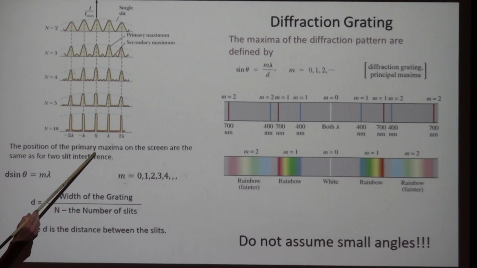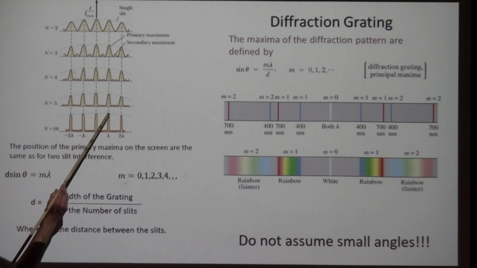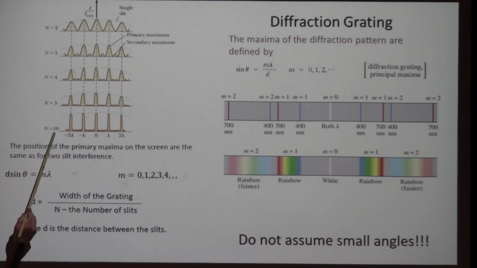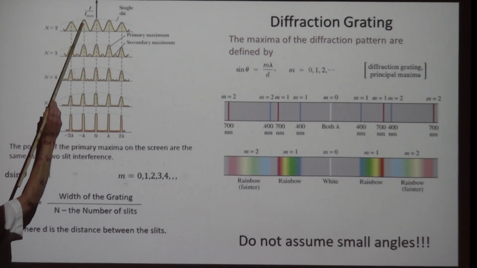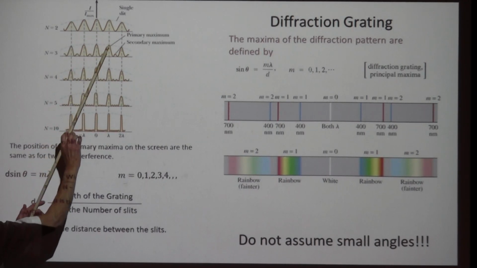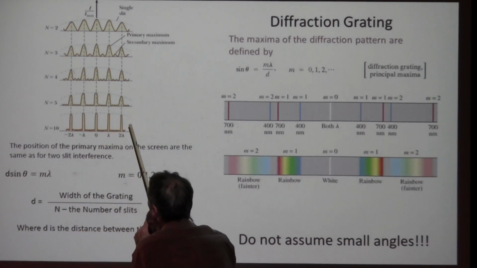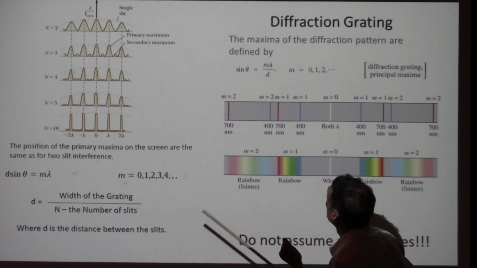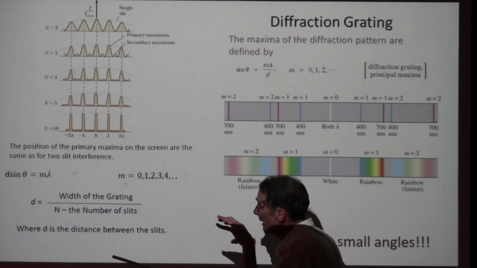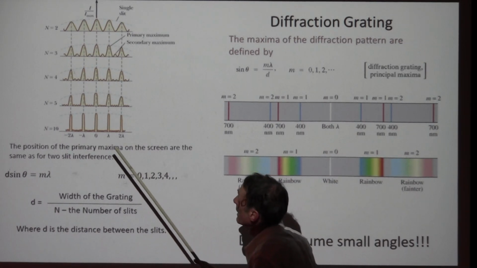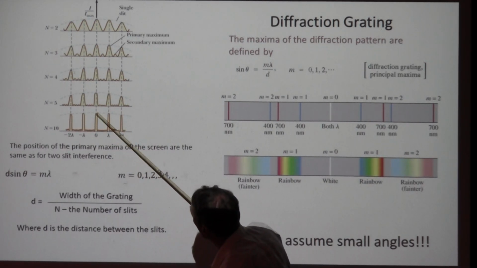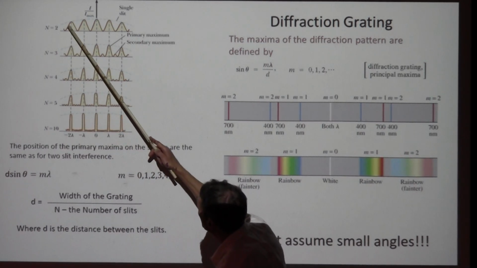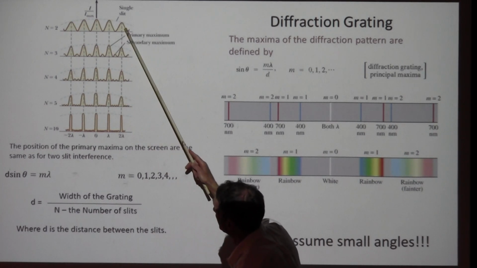What you want to keep in mind is that the principal maxima for a large number of slits, let's say 10, are going to occur at exactly the same positions on the screen as they would for the double slit. This is the basic idea behind a diffraction grating, and why I want to introduce it here: you can get the peaks of the diffraction grating by just using the equation for the double slit.